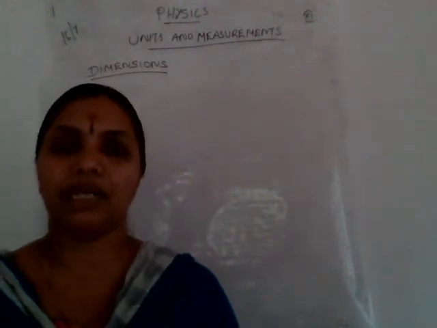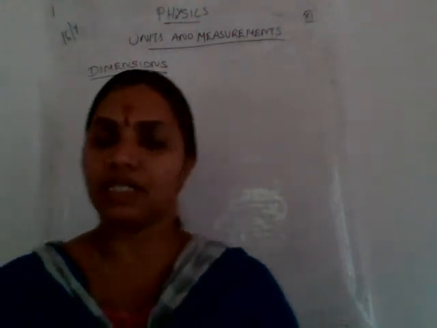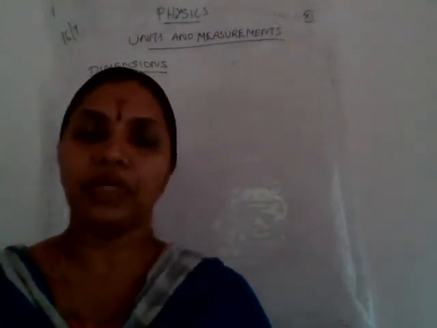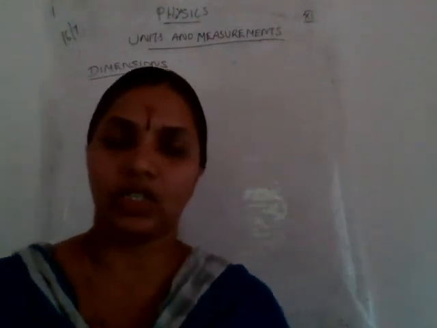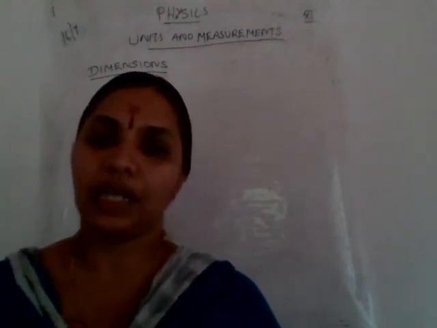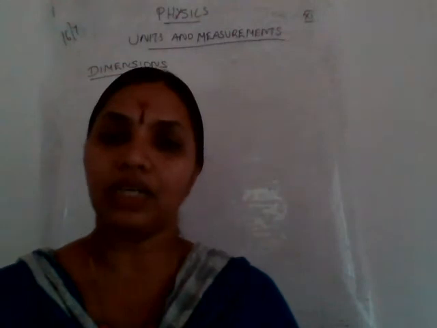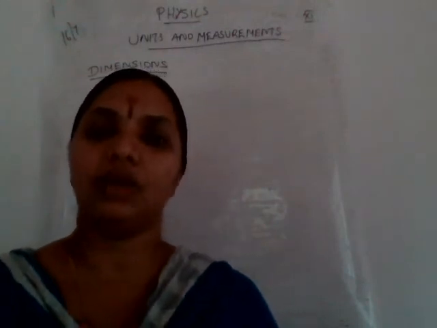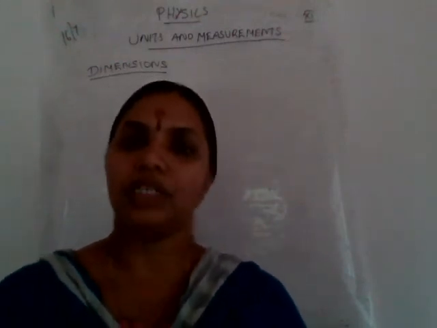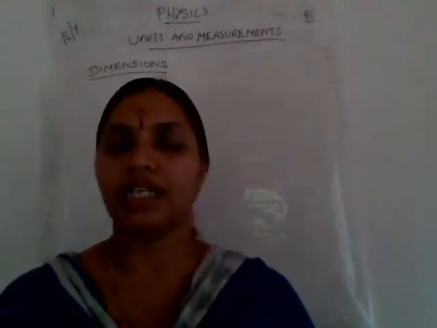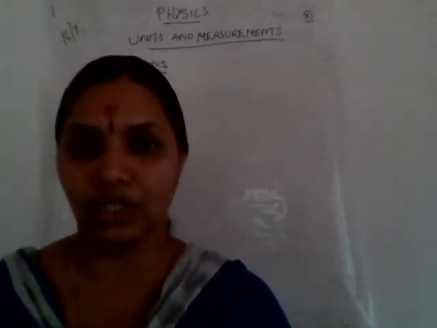Take the same example, force is equal to mass into acceleration, m into a. Now you know it is the product of mass and acceleration, isn't it? So you can derive that it is the product of mass and acceleration. It is not equal to m plus a, or m minus a, or m by a, or m raised to a, anything. It is equal to mass into acceleration.